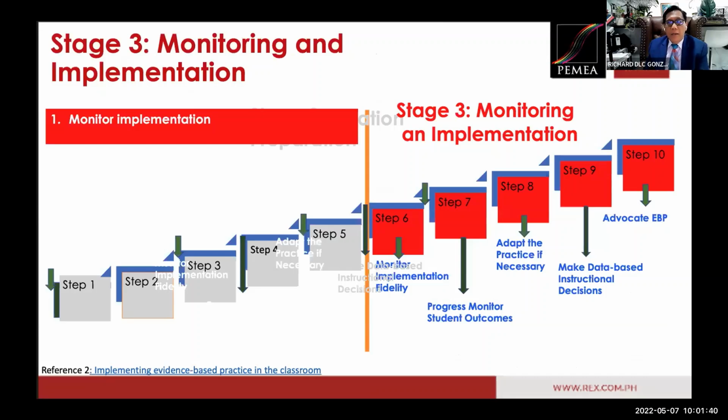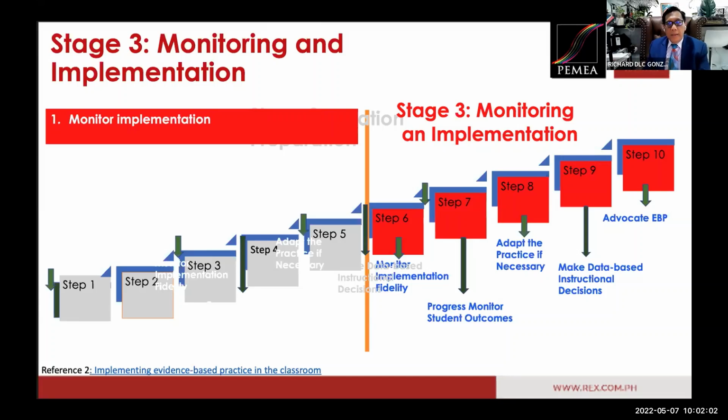It will allow the implementers to stick to the core elements of the EBP and ensure that your programs are implemented with fidelity, aligned with and noting your program objectives.